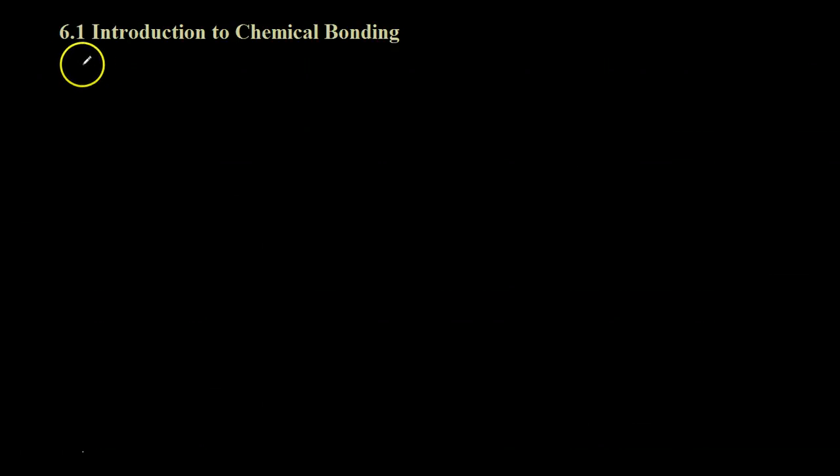In this video, we're going to be covering Chapter 6, Section 1, Introduction to Chemical Bonding. Now, chemical bonds are what hold various atoms together because most atoms don't exist alone in nature.